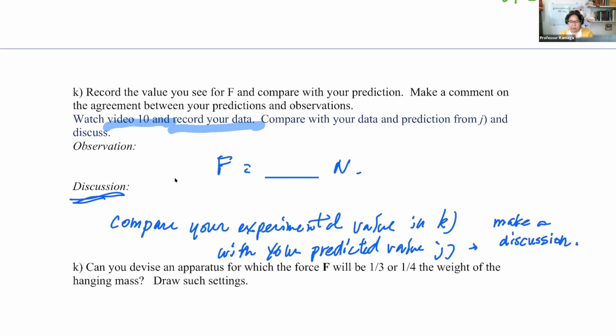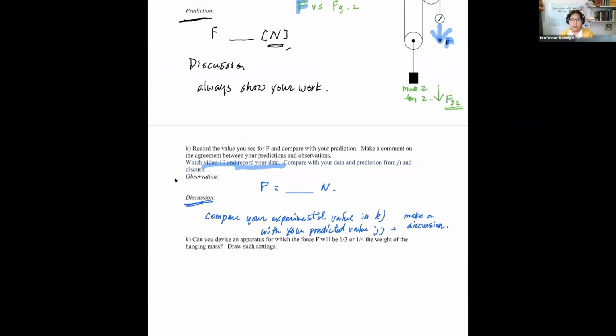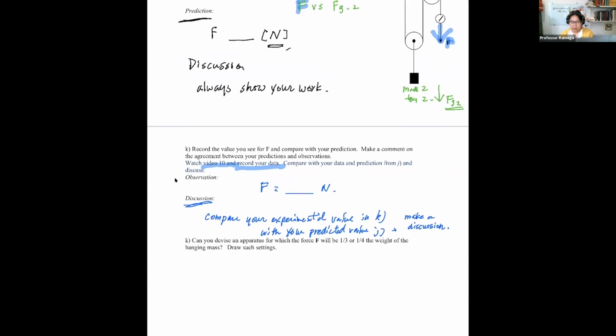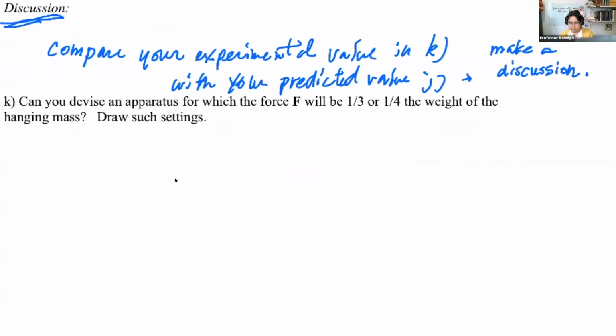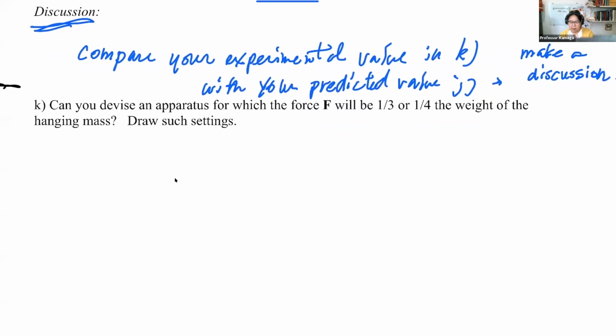All right, so that is going to be the end of our lab part. And at the end, I am going to ask you to make a diagram. Can you make an apparatus for which the force will be 1/3 or 1/4 of the weight of the hanging mass?